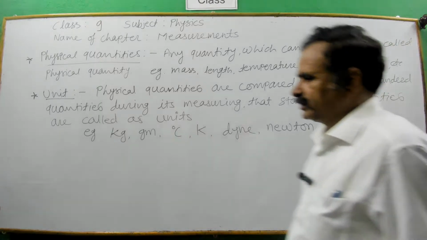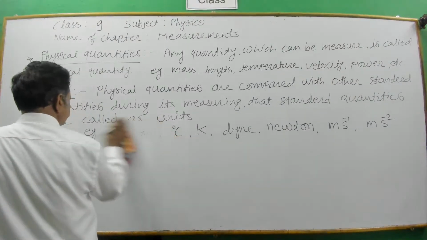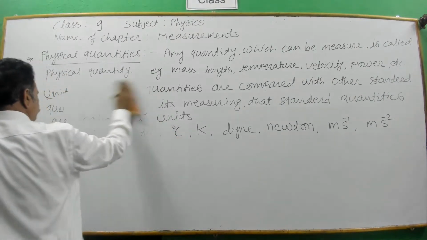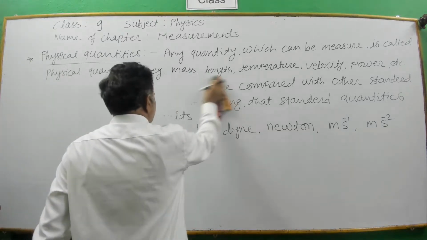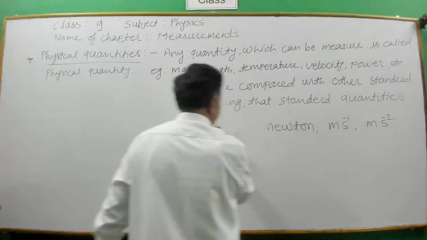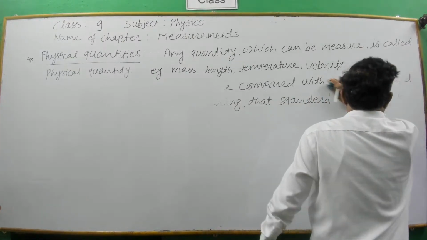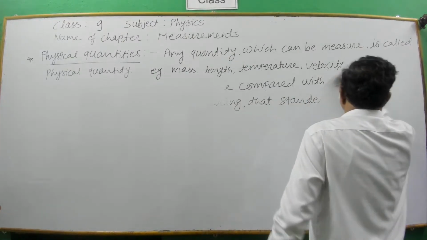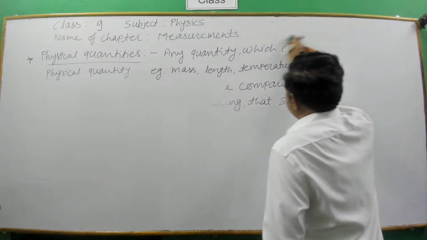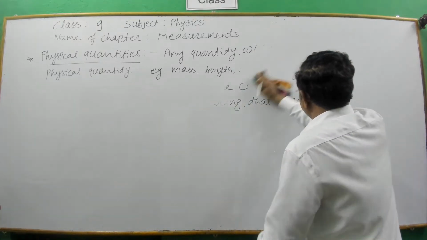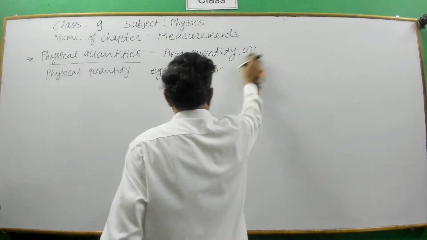Okay. Now, boys and girls, next point. These physical quantities are divided into two categories. On what basis? On the basis of their magnitude and direction.